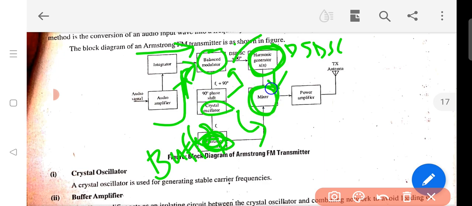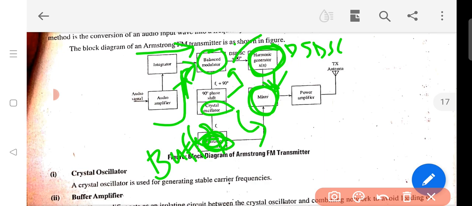So in the combining network, don't forget the final output of the FM, which the standard equation states.